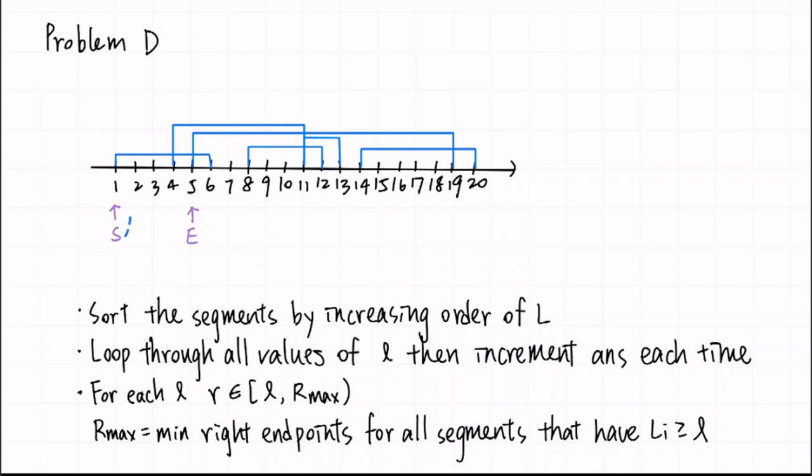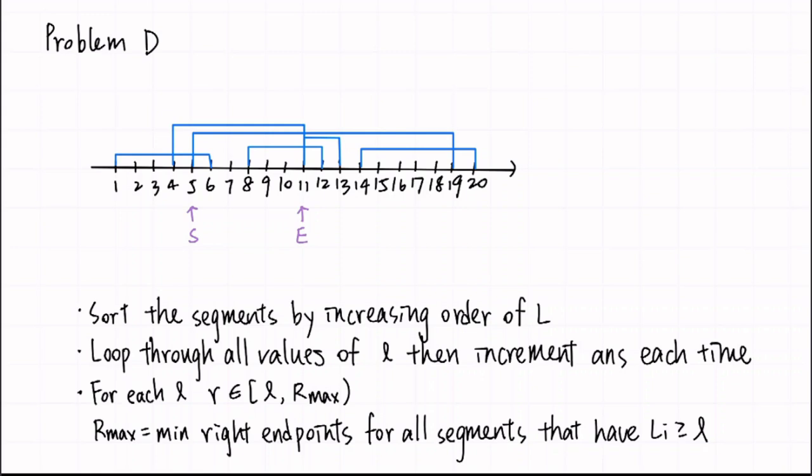If we move L to 2, then it already doesn't include the first segment, so R can move up to 10, because otherwise it would include the second segment, which ends at 11. If we further move L to 5, then it doesn't include the second segment, so the R endpoint can be up to 11.